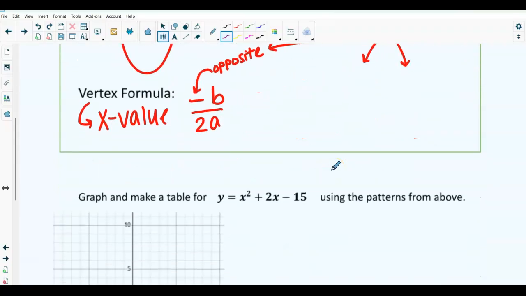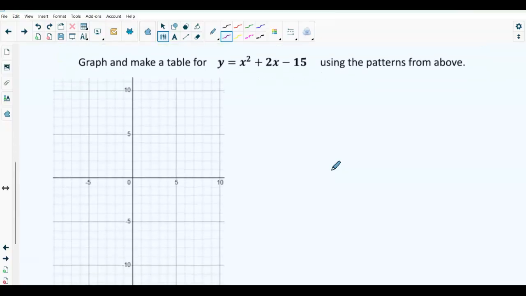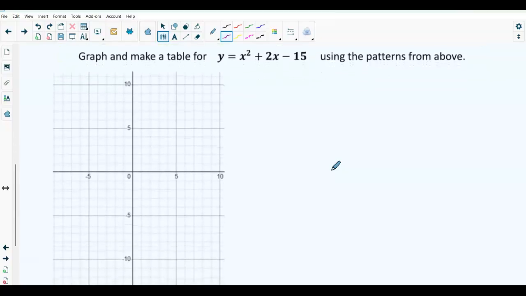So using what we know, let's graph this quadratic equation with some of those shortcuts we found. It would be helpful to find the vertex first so we know where our symmetry starts. And so if our vertex is the opposite of b over 2a, our x squared would have an a of 1, and our b is the x term.